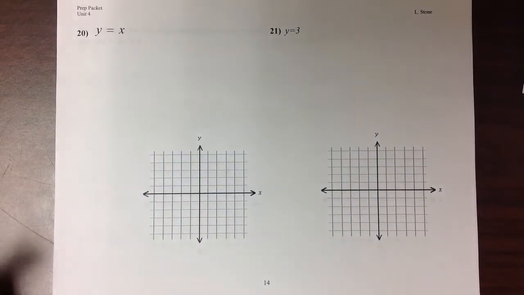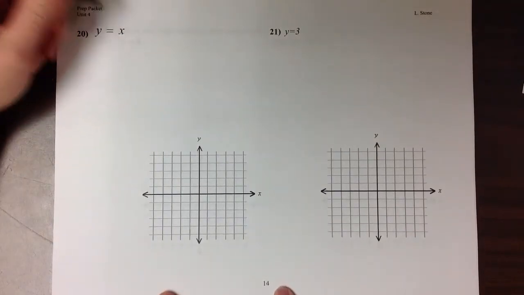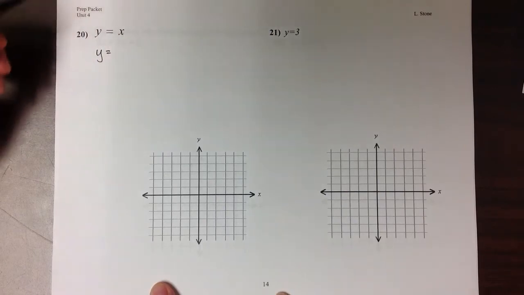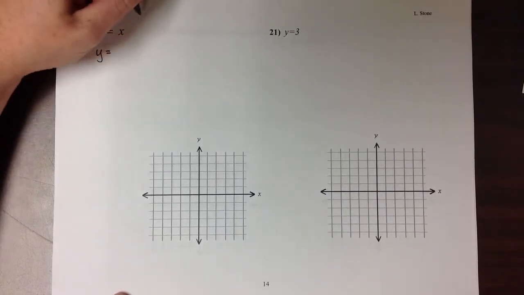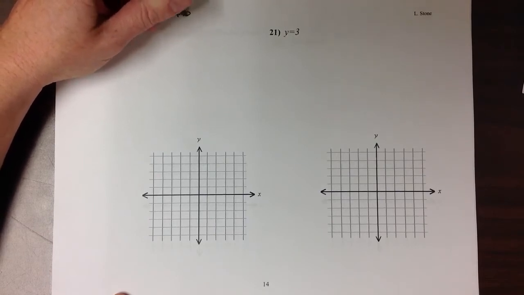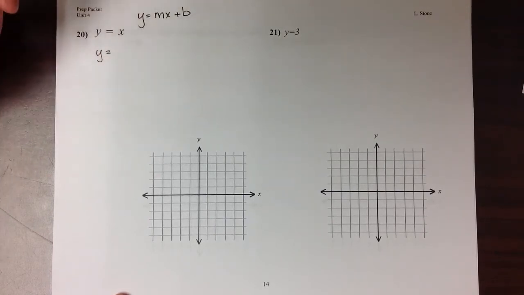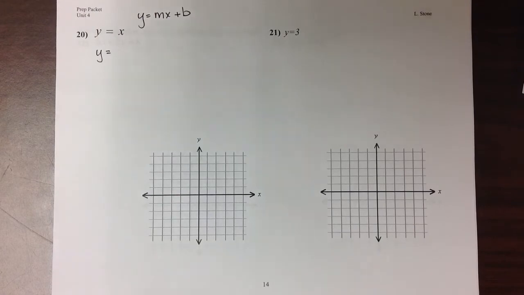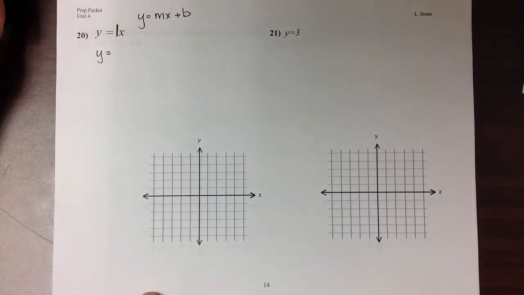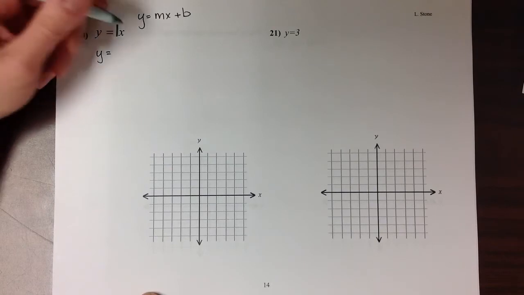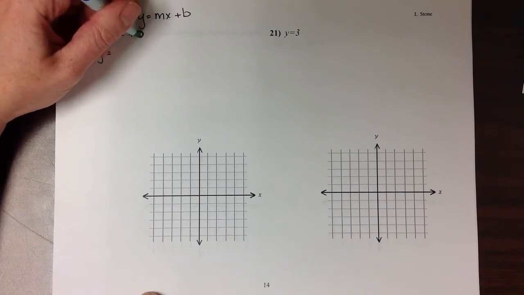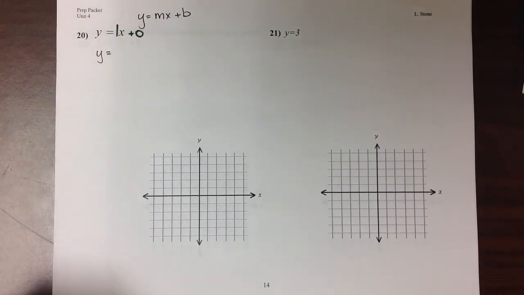Two more examples. What about when y is equal to x? So this looks like it might be missing some information, since our form is supposed to say y equals mx plus b. Well, these are both still here, you just can't see them. Remember, all variables, if they're there, have a coefficient of 1 that you just can't see. And the number that's getting added to this equation is 0.